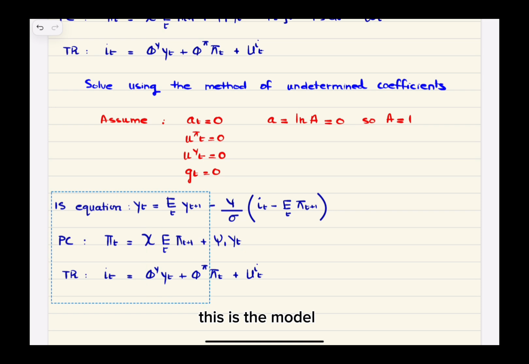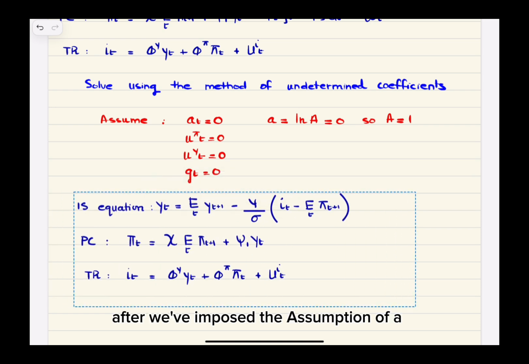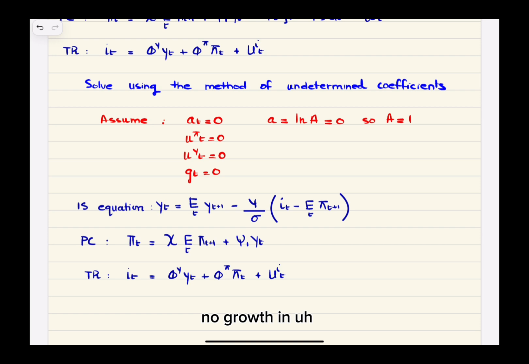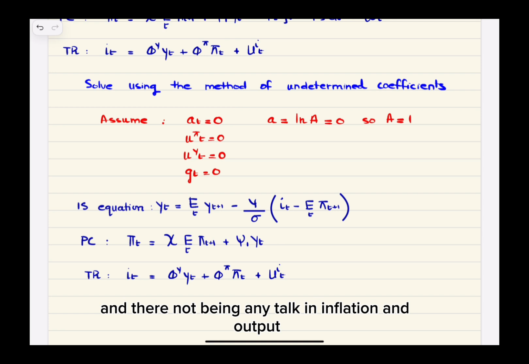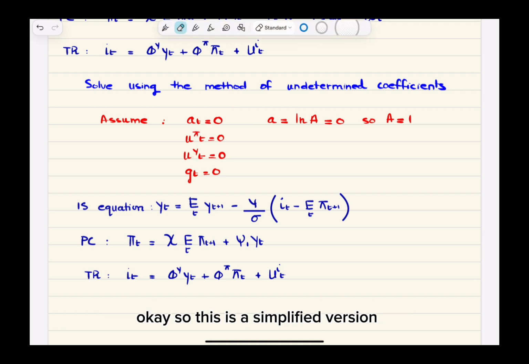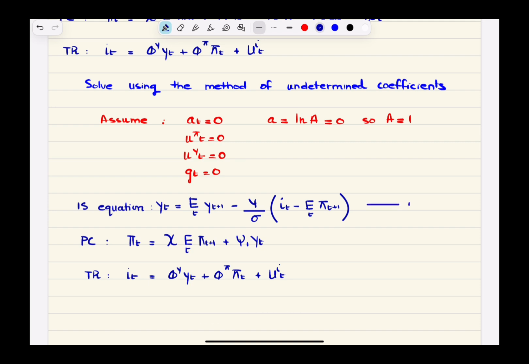This is the model after we've imposed the assumption of no growth in technology and no growth in government spending, and there not being any shock in inflation and output. So this is a simplified version. This is equation 1. This is equation 2. And this is equation 3.